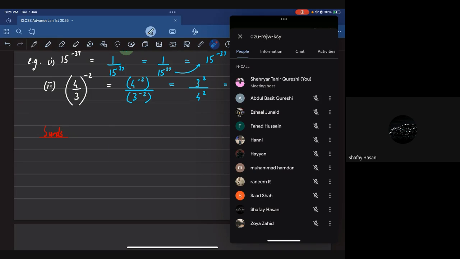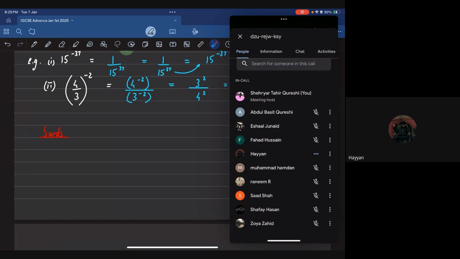What comes to your mind when I say the word surds? Something that cannot be further simplified. Okay, all right. So yes, all of you are more or less accurate in telling us what surds are.